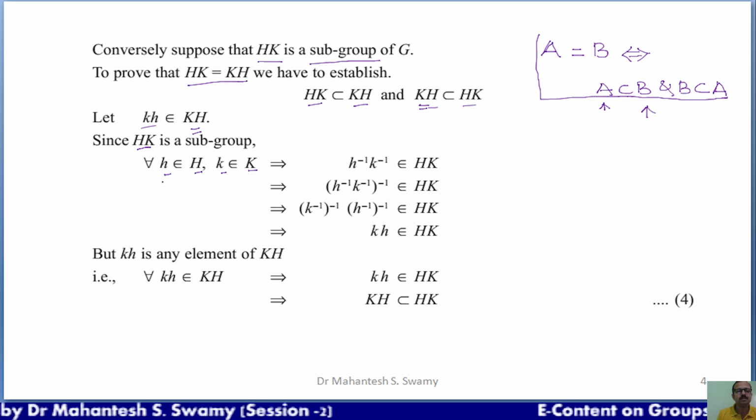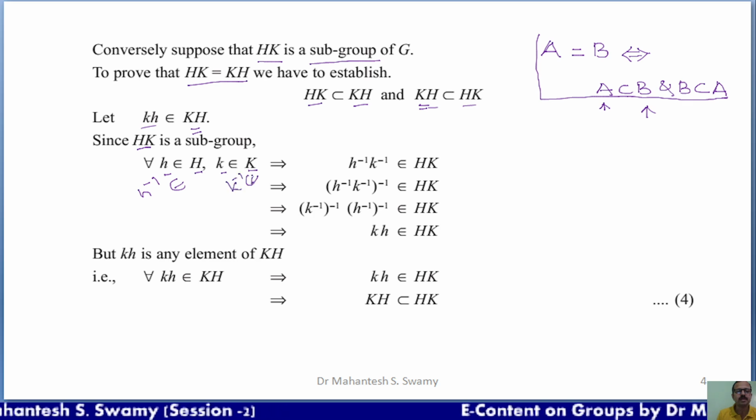Therefore, h inverse must be an element of capital H and k inverse must be an element of capital K. So we have two elements, h inverse and k inverse, in the sets capital H and capital K respectively. Therefore their product, h inverse k inverse, must be in the set HK.